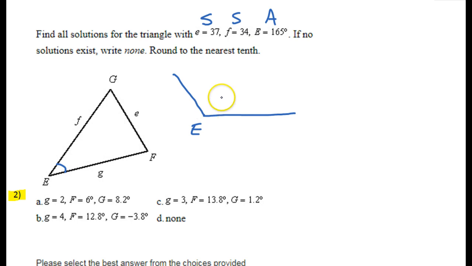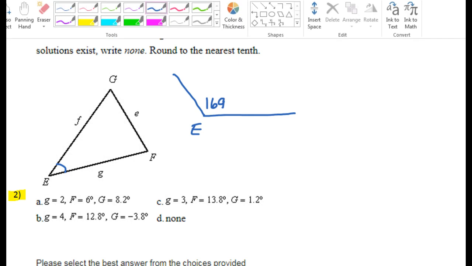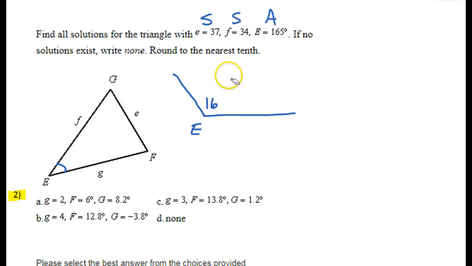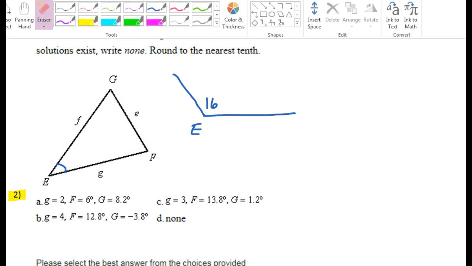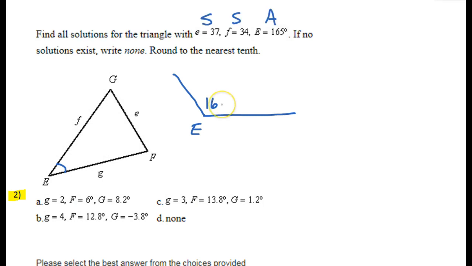Now, when the one angle is obtuse, when it's bigger than 90 degrees, it's not possible to have two triangles. This will either be one triangle or no triangles. Those are the only two possibilities. The whole two-triangle thing is only for acute angles.